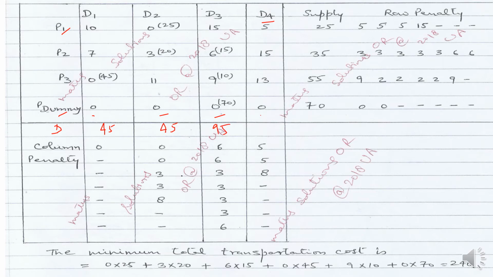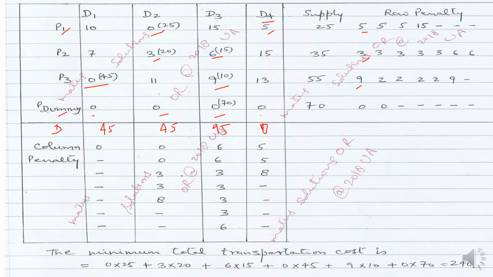Now we apply Vogel's method, and for Vogel method we calculate the row penalty and column penalty. For row penalty, P1 row we take, minimum cost is 0 and next to it is 5, so difference is 5 minus 0, 5. For P2 row, minimum is 3 and next to it is 6, 6 minus 3 is 3.